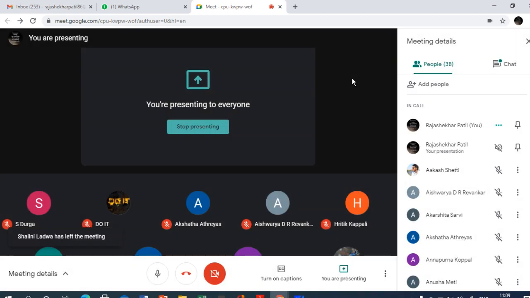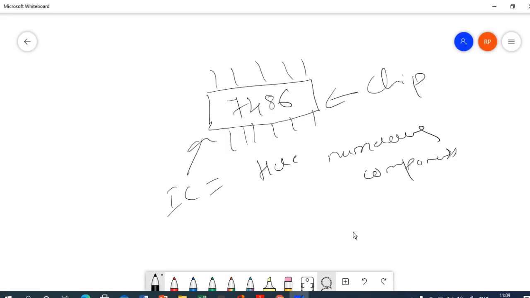So IC is an integrated circuit, which contains numerous components like transistors, and these transistors are placed on a single silicon wafer. We also call this a single silicon wafer where numerous transistors are placed, and we also call it a chip. It performs a particular operation.